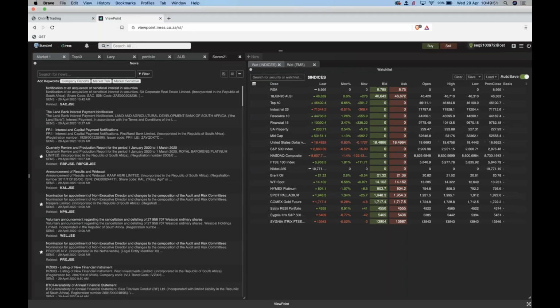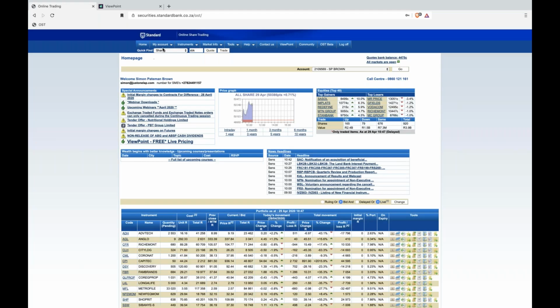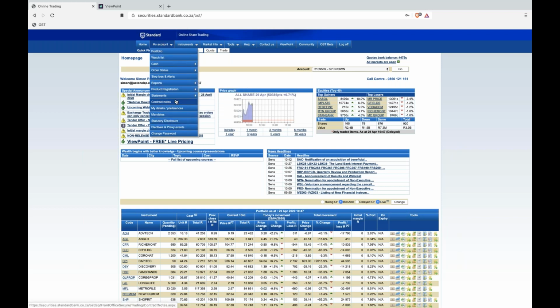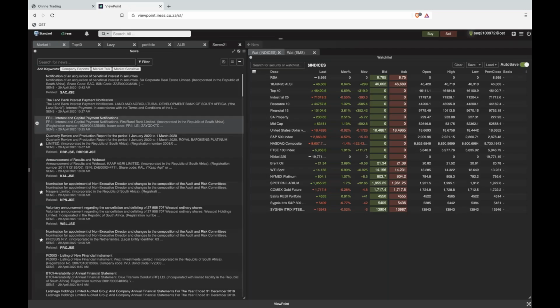Some of them you would open under my account, product registration, and there, if you were looking for CFDs, options, tax-frees, etc. If you just want a general vanilla BDA account, contact Standard Online Share Trading, securities at standardbank.co.za. They can set it up for you. You can move shares between accounts, but that is a process the call center has to do for you. You can move cash in real time between accounts.